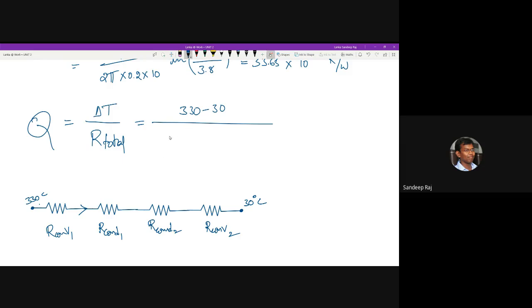So what is our convection one? It is 1.59 into 10 to the power of minus 3 plus, what is our conduction one? It is 0.44 into 10 to the power of minus 3. And then what is our conduction 2? It is 33.65 into 10 to the power of minus 3 plus 4.21 into 10 to the power of minus 3.